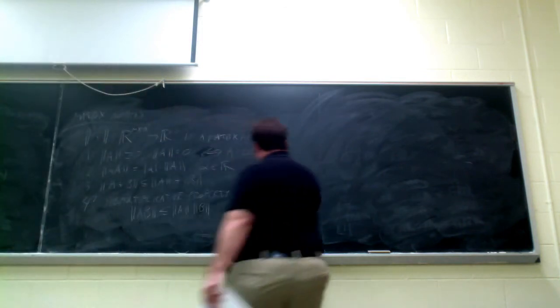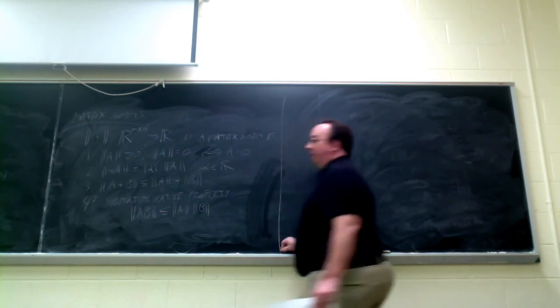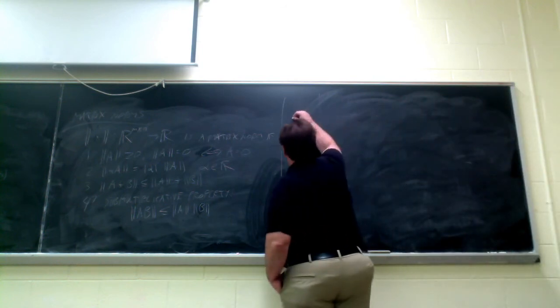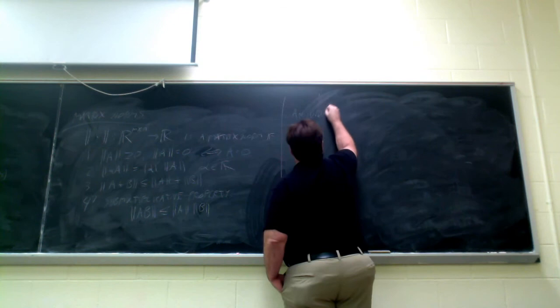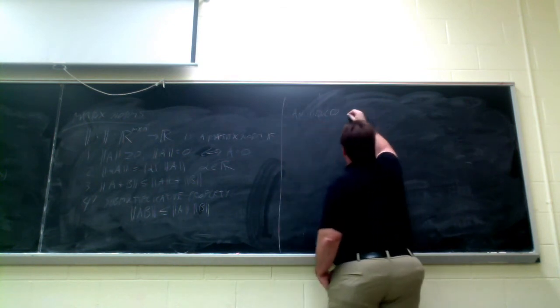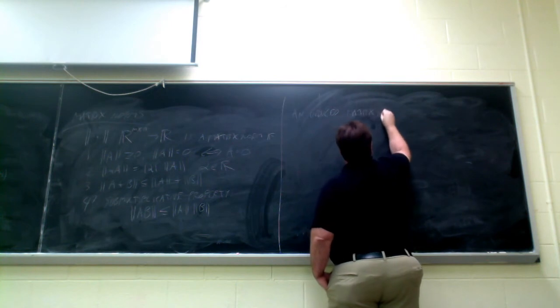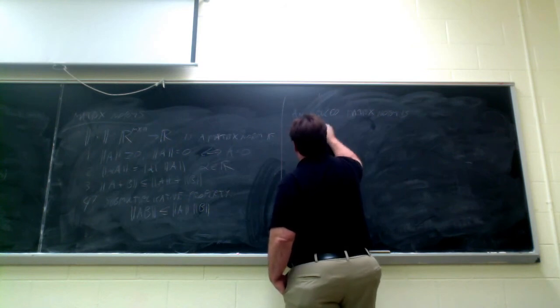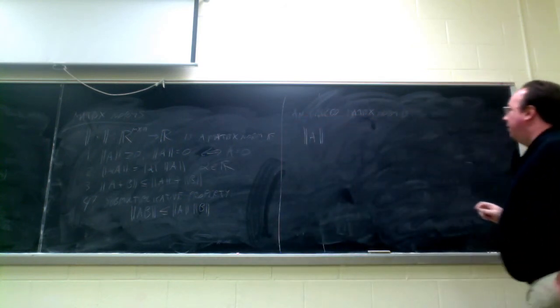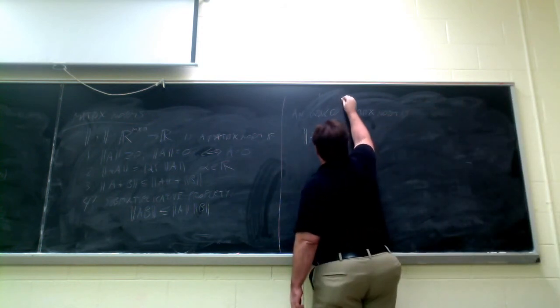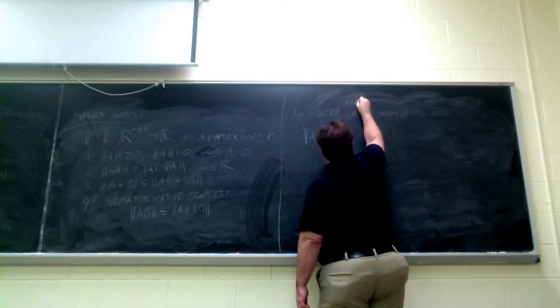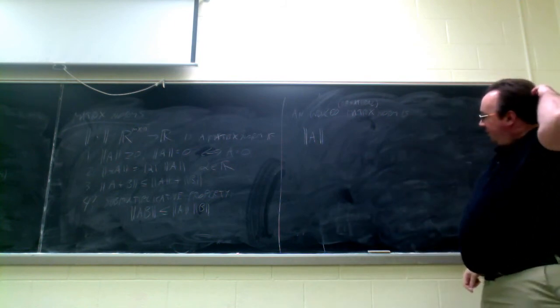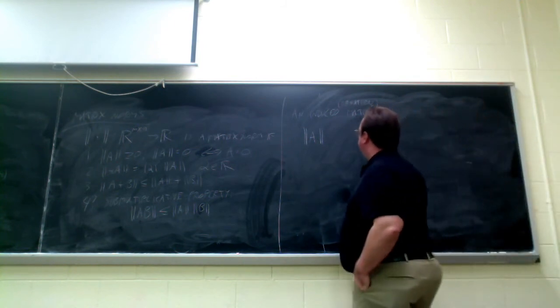Now, how can we get matrix norms? The most common way of defining a matrix norm is to be induced by a vector norm. So we define the induced norm, also called a natural norm, in terms of an appropriate corresponding vector norm.